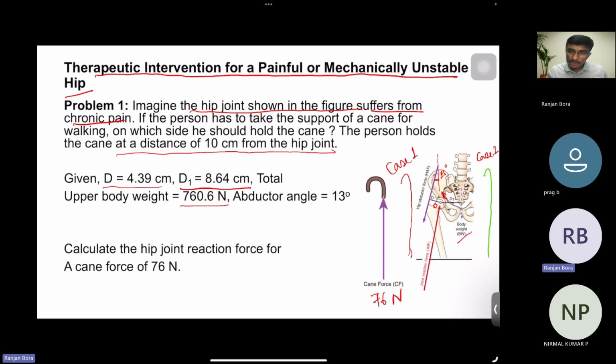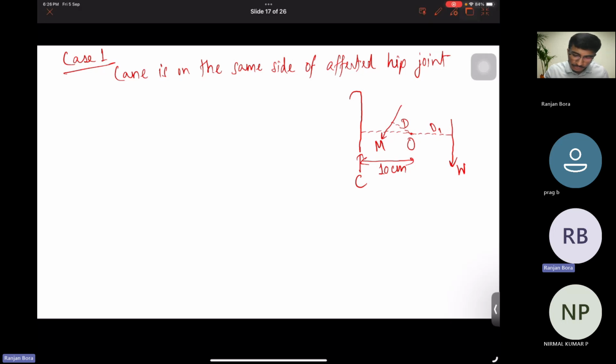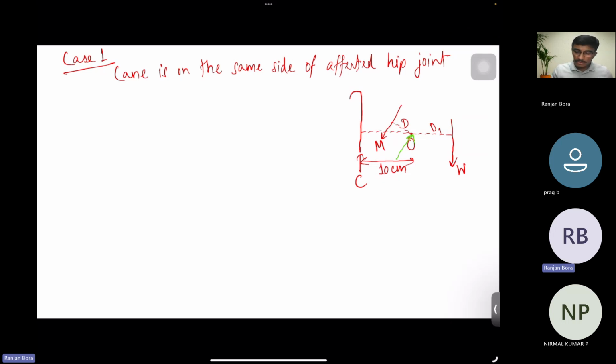So I am representing the hip joint as O. So this distance is 10 centimeter. Okay, and there will be a hip joint reaction force along this direction at the point O. So now I will do the moment equilibrium about point O.